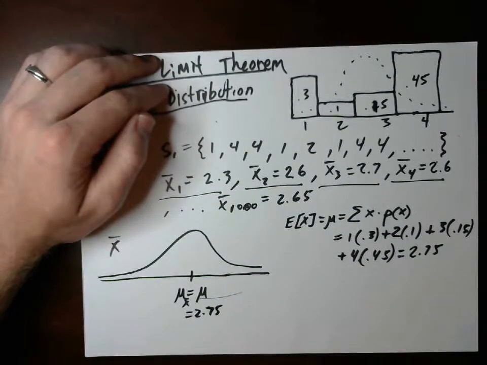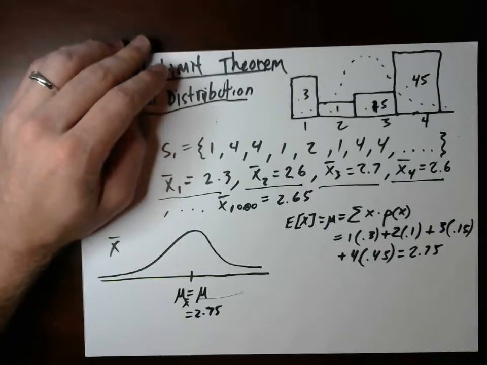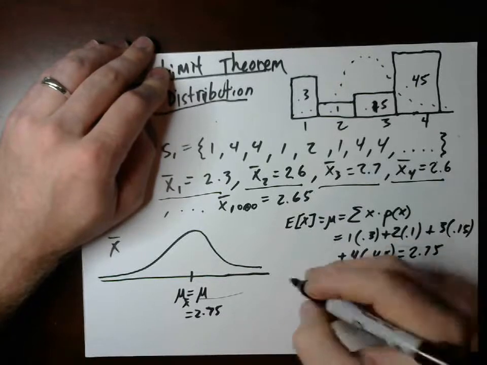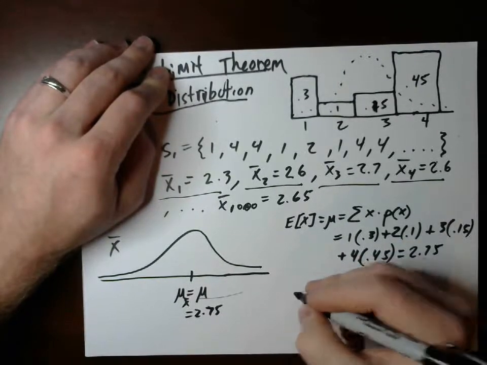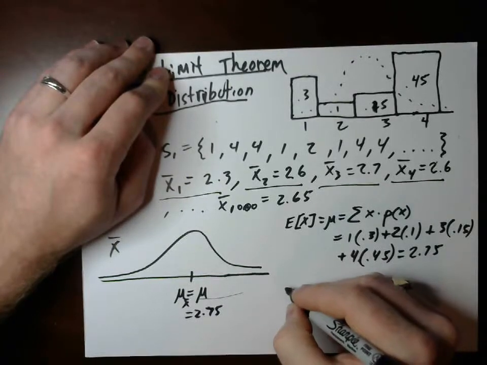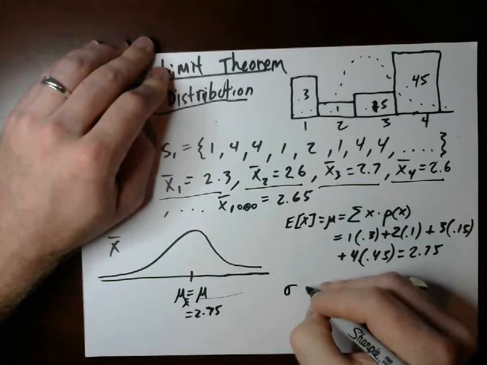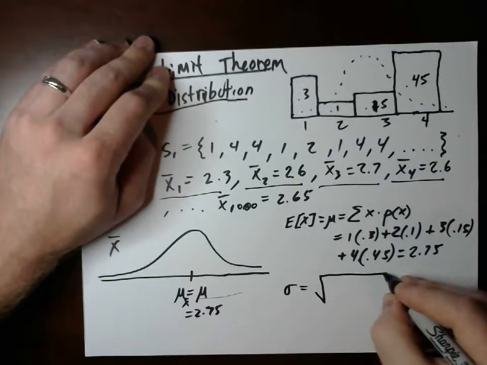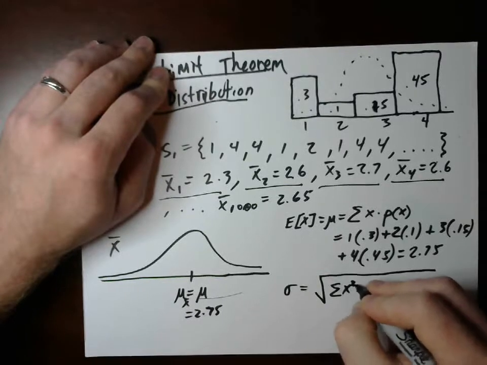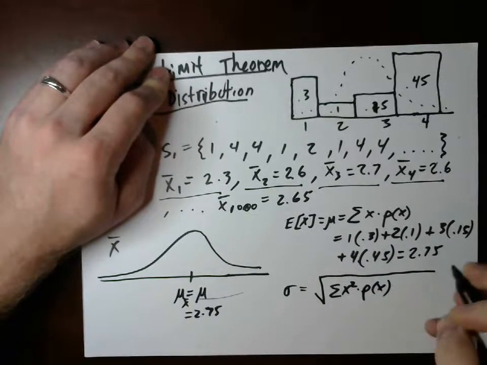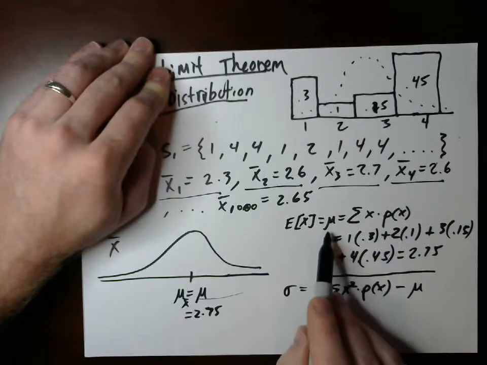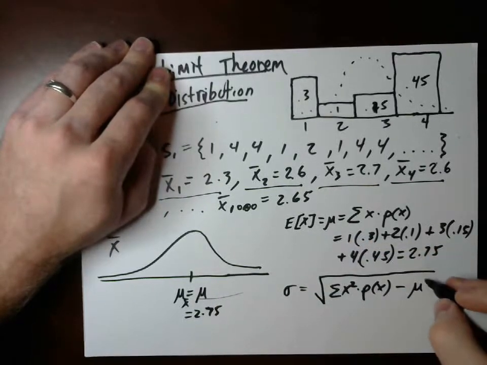And if you remember, the standard deviation is equal to the square root, if you remember from 243, of the summation of x squared times the probability of x minus mu, which we've already calculated, 2.75, squared.